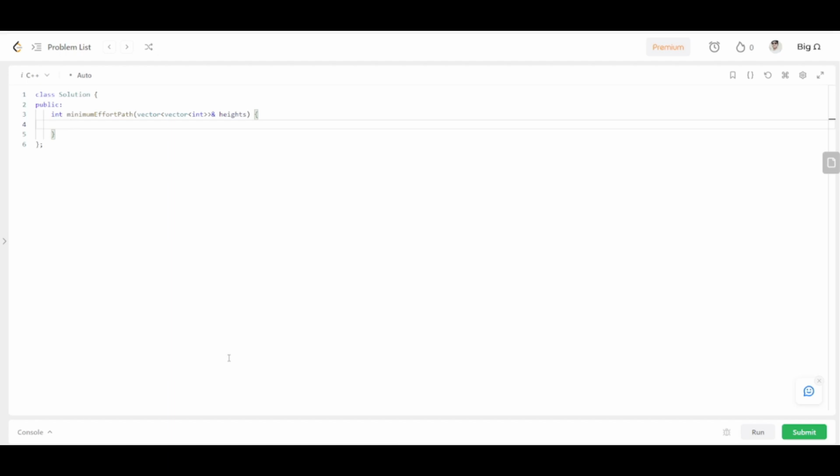So let's write the code for this problem which we have explained here. This is a minimum effort path function which takes in the heights matrix. Let's calculate the number of rows of this heights matrix, and the number of columns, heights[0].size.